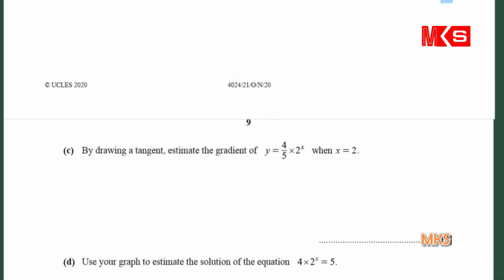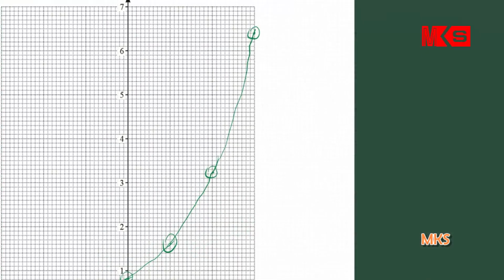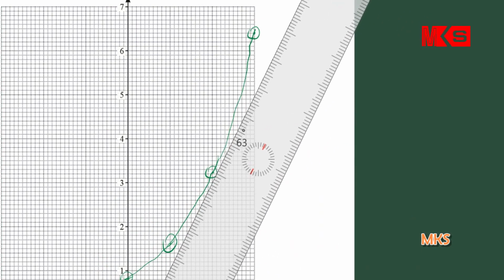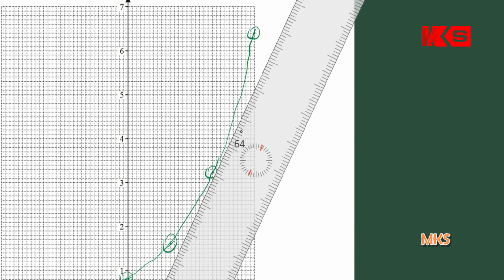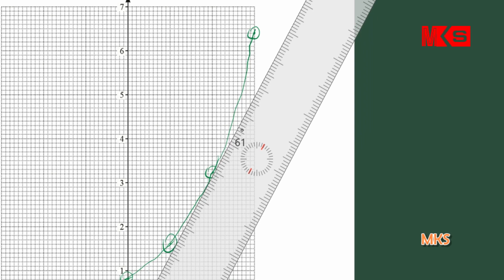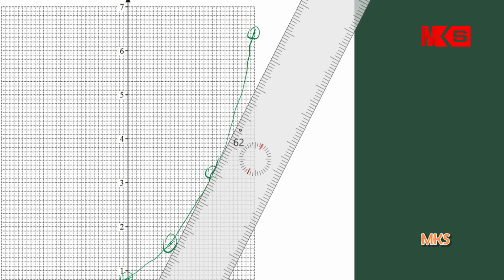By drawing a tangent, estimate the gradient of this curve at x is equal to 2. So whenever the gradient is asked, it will be mentioned at what point you have to draw the tangent. So x is equal to 2 is the point where we have to draw the tangent. So we will take a ruler and adjust the ruler in such a way that its distance from both sides of the curve is the same.